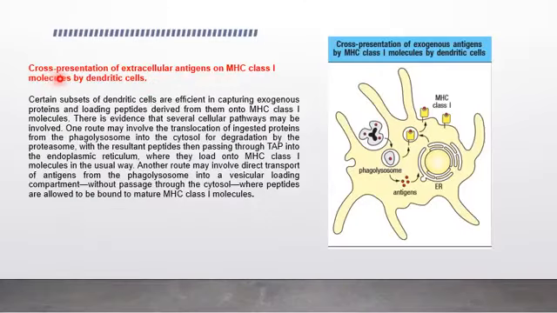Okay, so the cross presentation of extracellular antigens on the MHC class 1 molecules by the dendritic cells. Basically, the dendritic cells are a part of the innate immune response. And the dendritic cells will bind to the T cells.